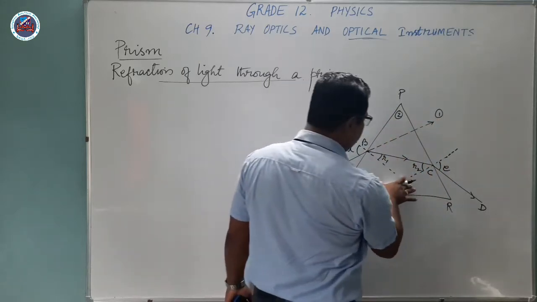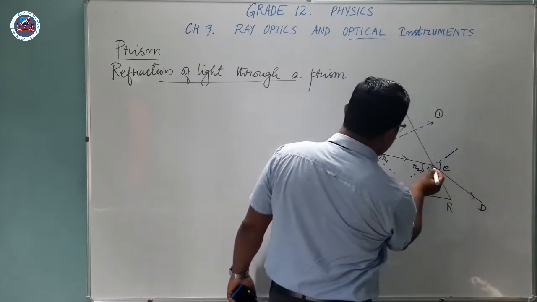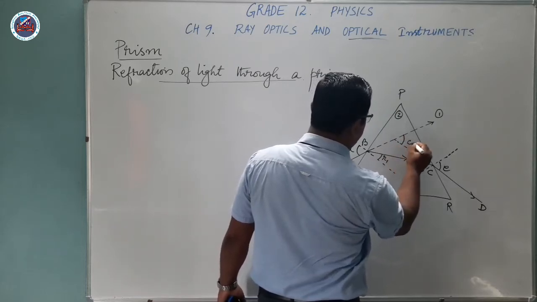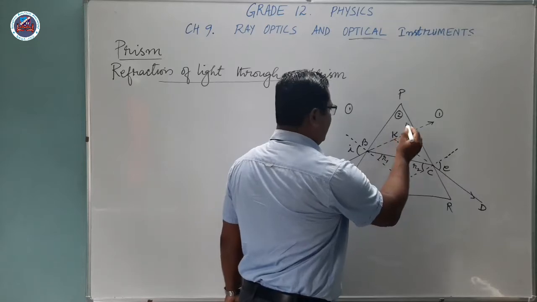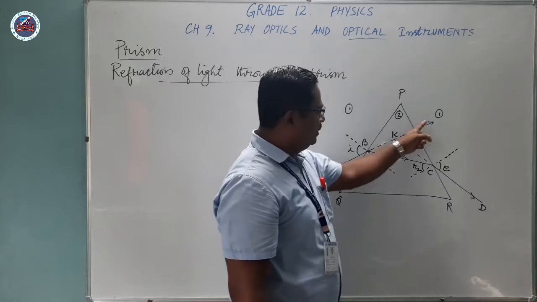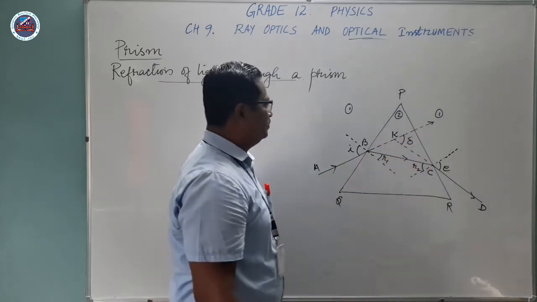But by placing the prism, the emergent ray is traveling this side. If you extend it, you can see by how much it got deviated because of the prism. You get this angle, let it be K. This angle between the incident ray and the emergent ray we call the angle of deviation.